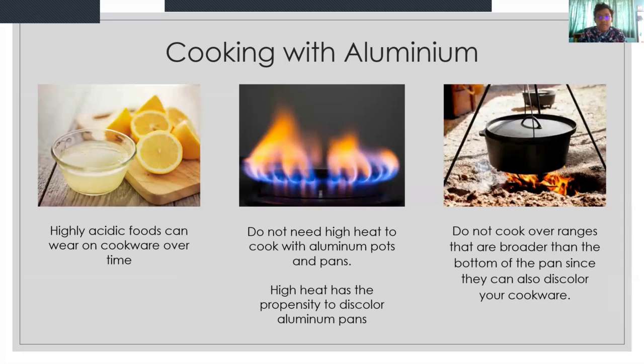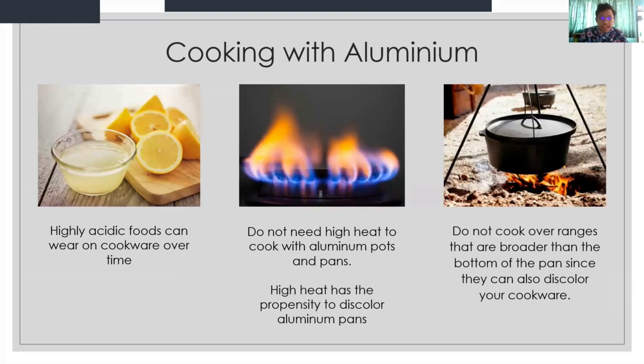High heat can discolor the aluminium pans, which tends to change color from its silvery appearance to either a yellowish orange or red.